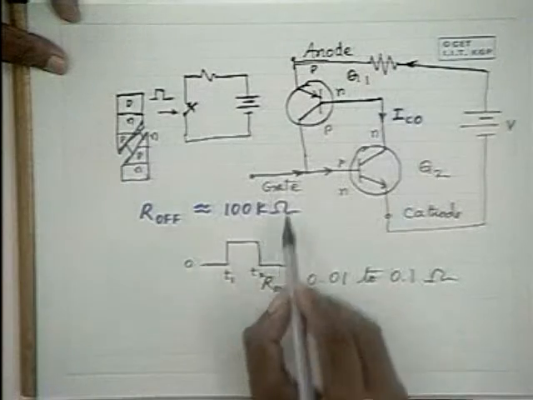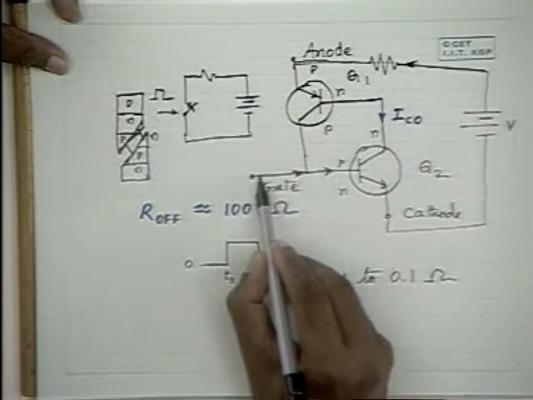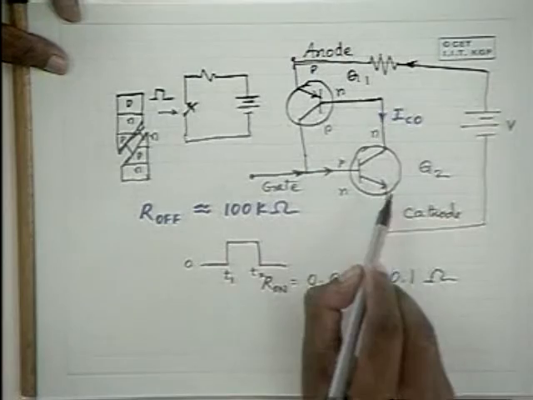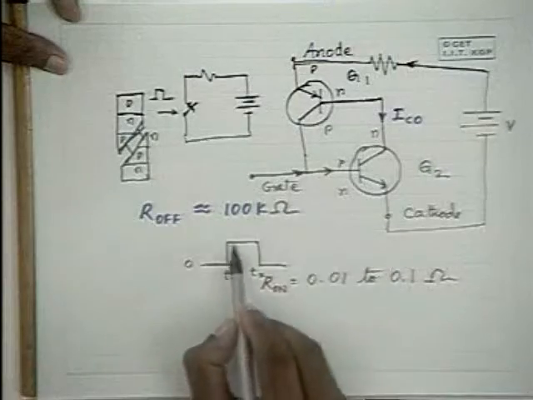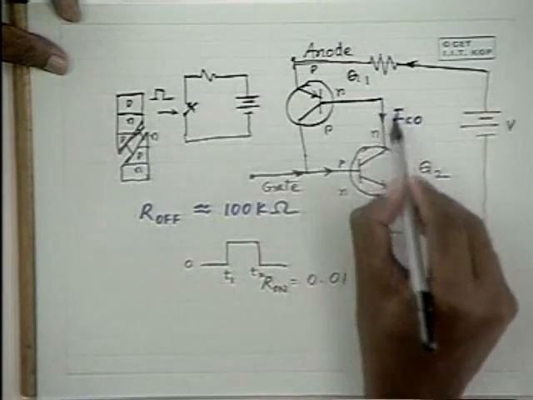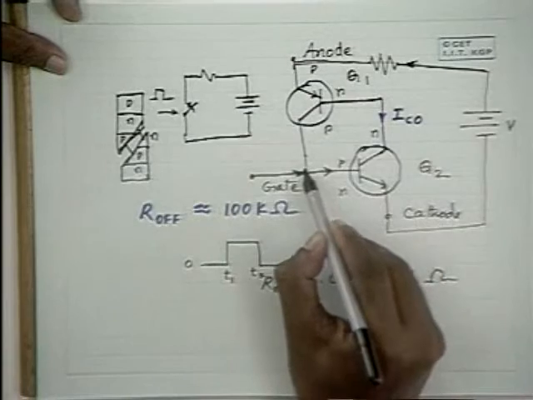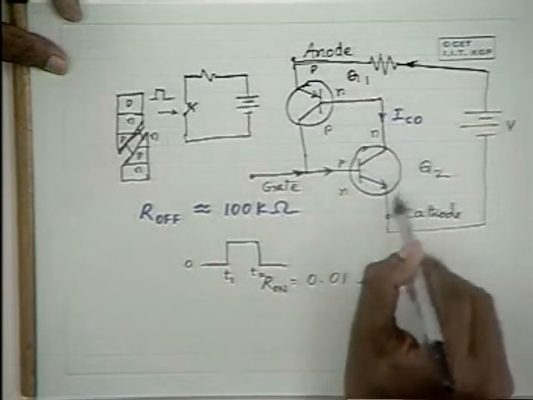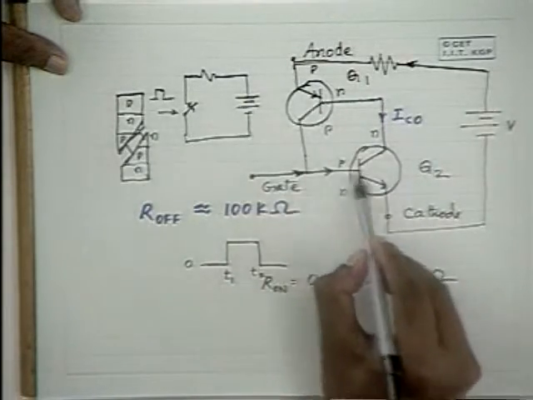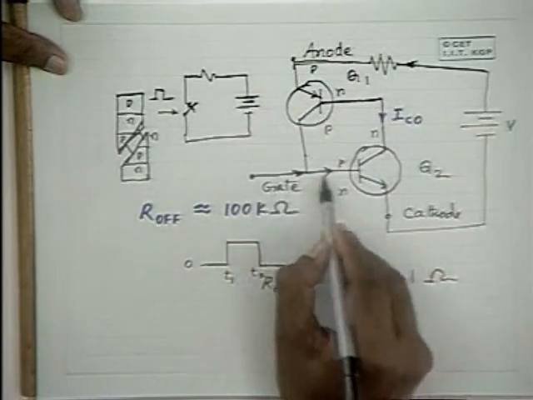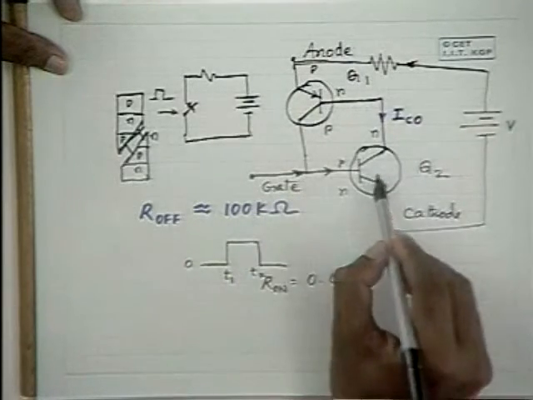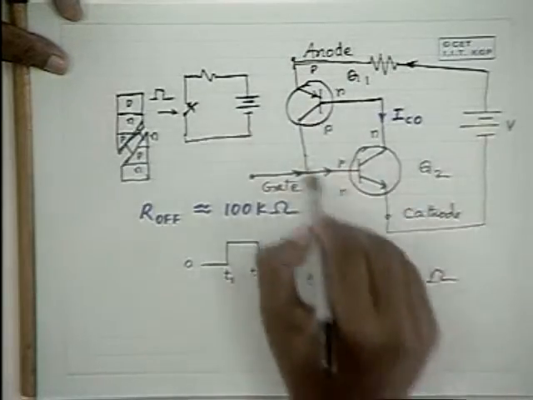If this is brought down to 0, naturally no further gate current flows into the circuit. But what happens to the circuit? The circuit is already on. Because of this positive potential, it generated some base current, which in turn generated some collector current here, and that is now supplying this transistor. Since this supply is still on, even if this is cut off, that regenerates this again.